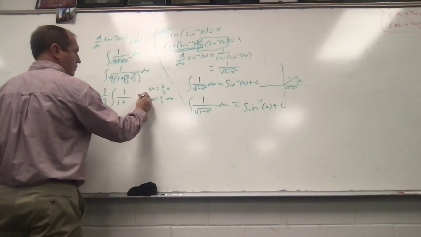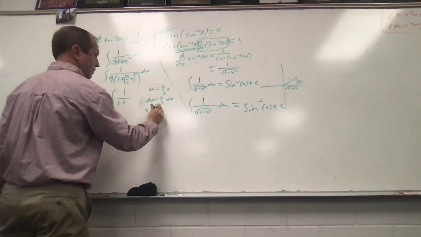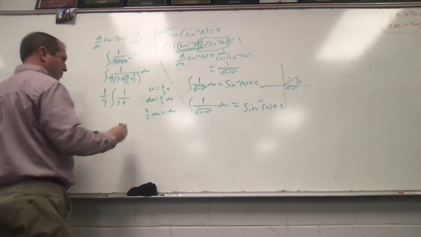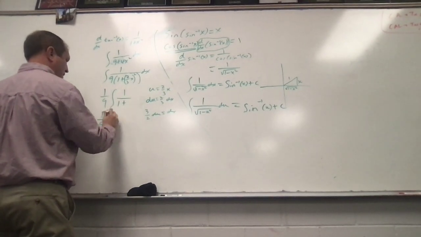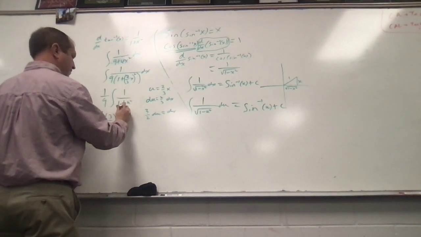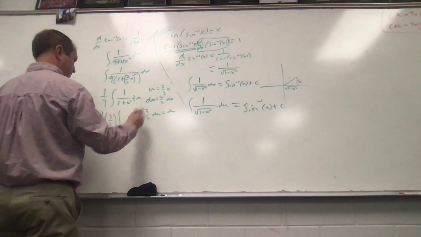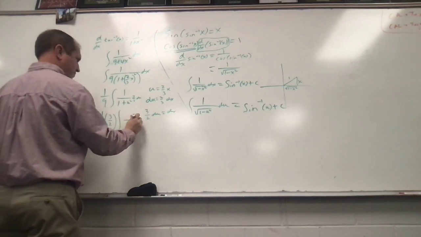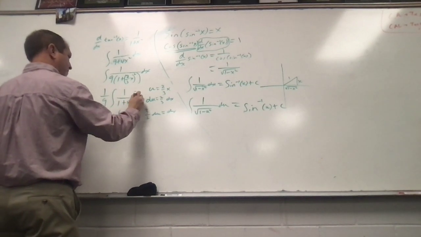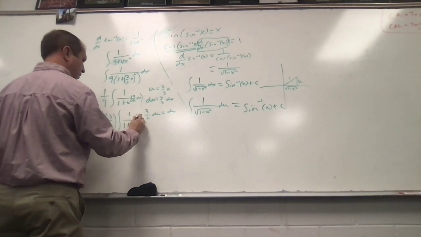So 3/2 du equals dx, right? Yes. Okay. So I'll pull the 3/2 out front, so it's 1/9 times 3/2 times the integral of 1 over 1 plus u squared du.